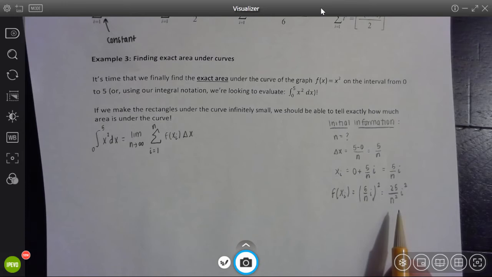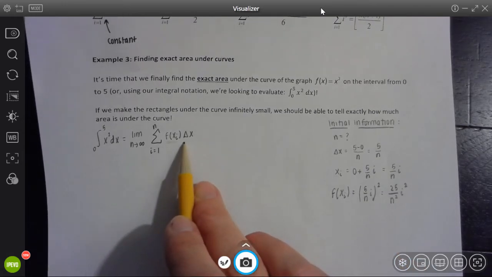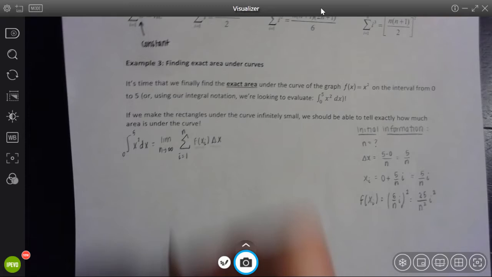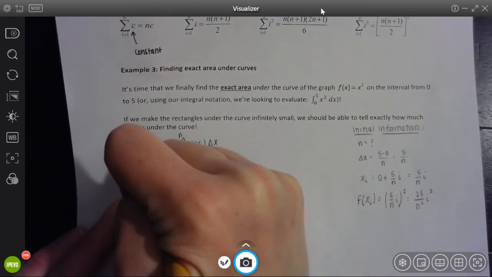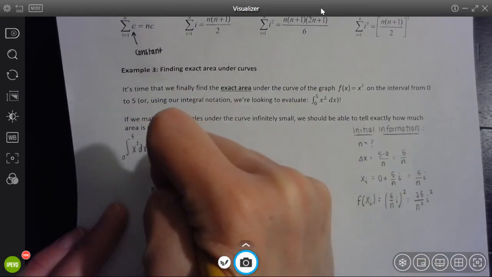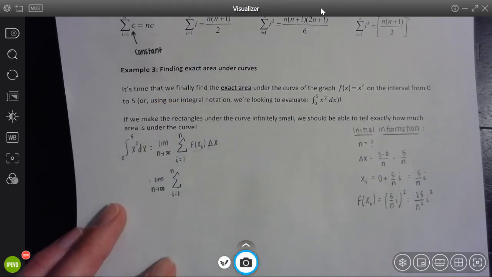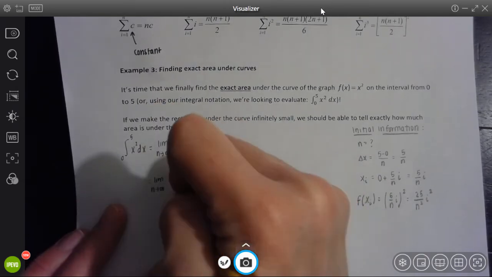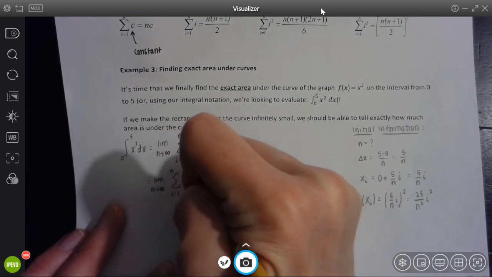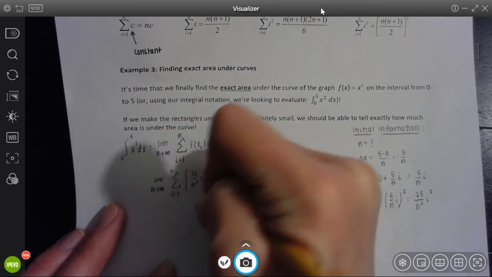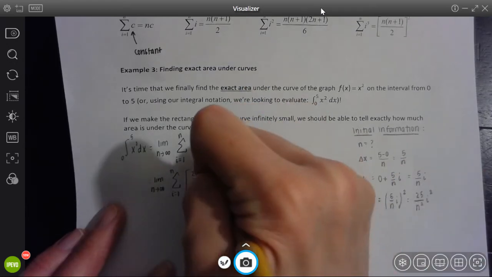So then I actually have both the pieces that I need to plug in here. Now I know what f of x sub i is, and I also know what delta x is. So I'm going to carry down my limit as n approaches infinity and carry down my summation. And then I'm going to plug in what I know. My f of x sub i is 25 over n squared times i squared, and I'm going to be multiplying that by delta x, which we know is 5 over n.